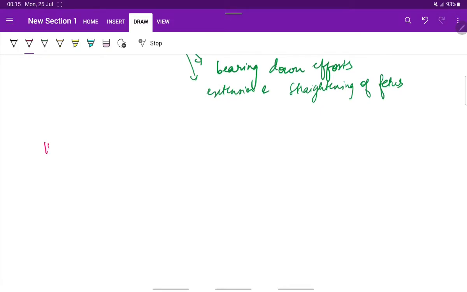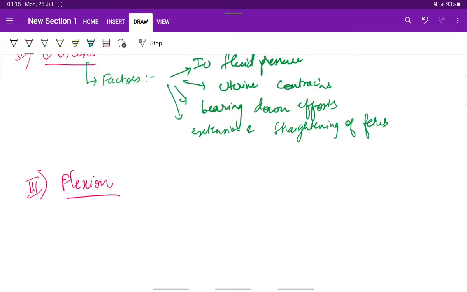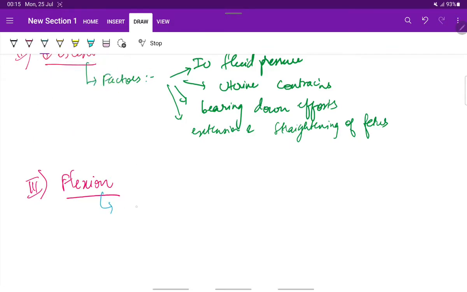The next cardinal movement is flexion. Flexion is usually associated with the descent. As the fetal head is descending, there also occurs flexion. There is maximum flexion to an extent that the fetal chin touches the thorax.